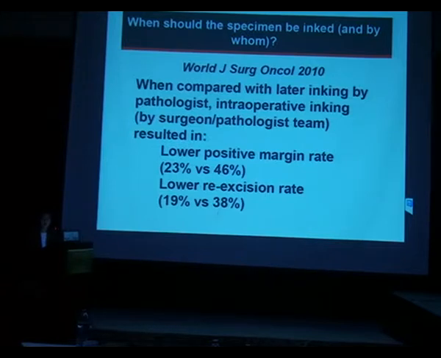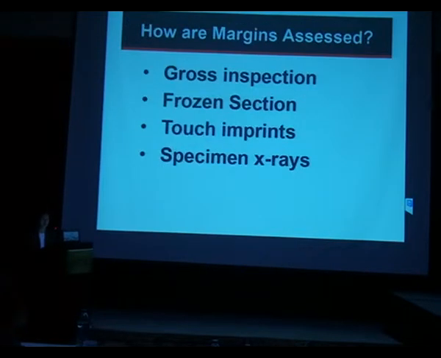So the ideal situation is where the surgeon brings the specimen to pathology and then says, here is the superior margin, here is the inferior margin. And I know this is the ideal world, but we will try to do that as much as possible. And after we ink it, we look at it grossly. As I said, the gross inspection is really a very important component.